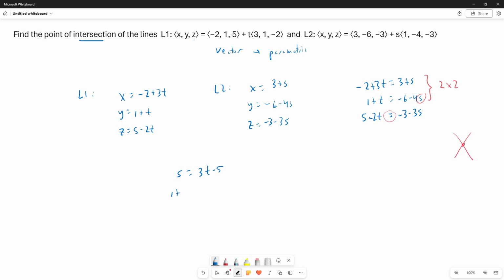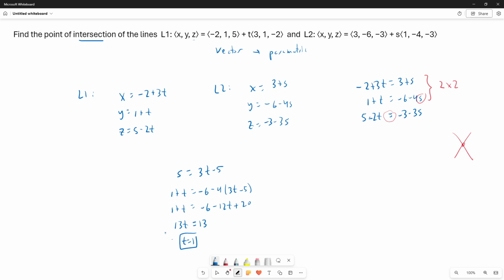So 1 plus t is equal to -6 minus 4 times s, which is 3t minus 5. So 1 plus t is -6 minus 12t plus 20. And so 13t is equal to -6 plus 20 is 14, minus 1 is 13. So t is 1.